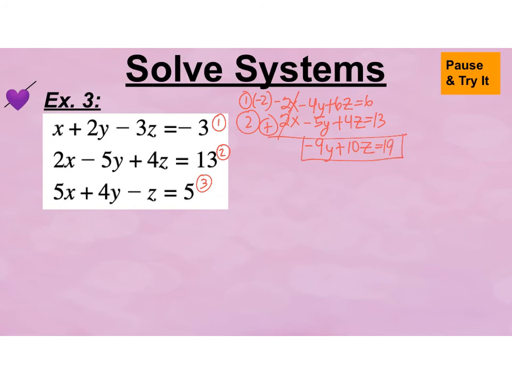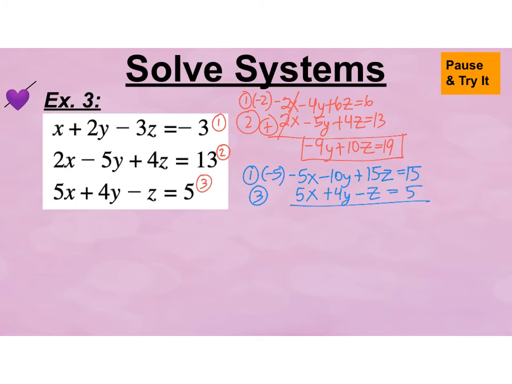And then I have that equation. Now I'm going to multiply the first equation by -5 and keep the third equation the same. Notice I eliminated x's again, so I have -6y plus 14z equals 20 for my second equation.